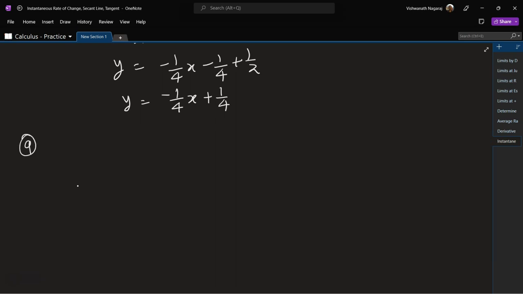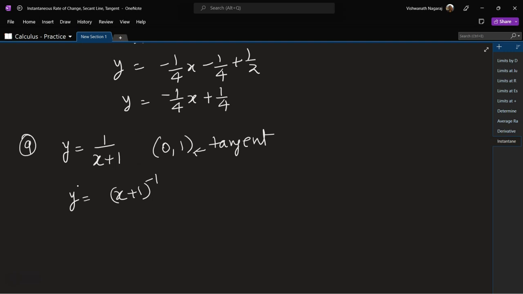Okay, ninth one, y is equal to 1 by x plus 1. And we have to figure out the tangent line at the given point. Okay, so just to simplify this, to make it easier to evaluate, let's write x plus 1 to the power of minus 1.